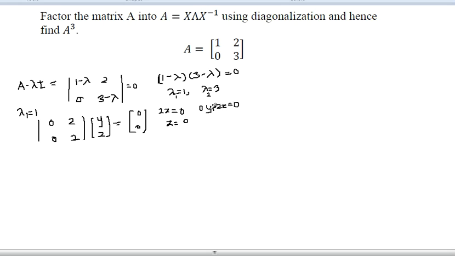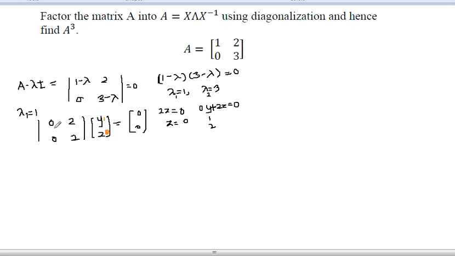But what should be the value of y? y can be 0, or y can be 1, y can be 2, y can be 3. In this equation, if I write 0, 2 multiplied by 1, 0, then also I'll get 0 into 1 as 0 and 2 into z as 0.